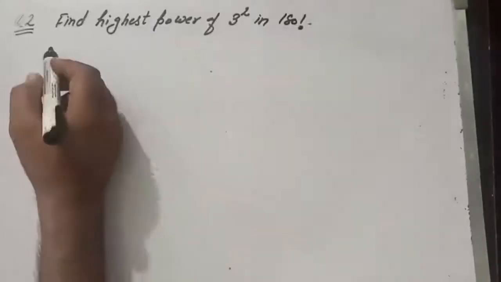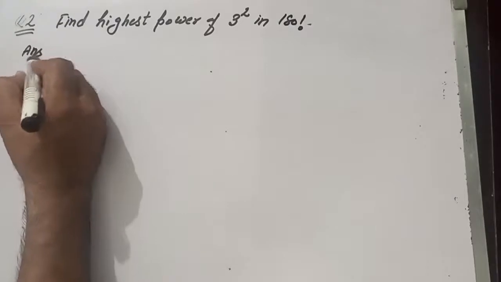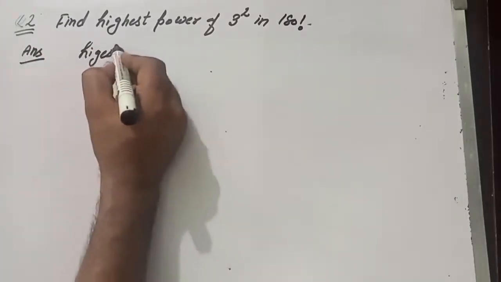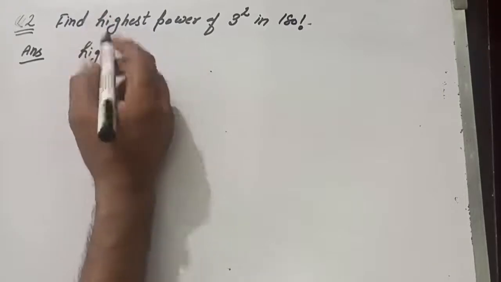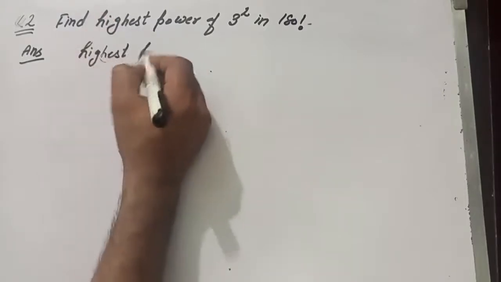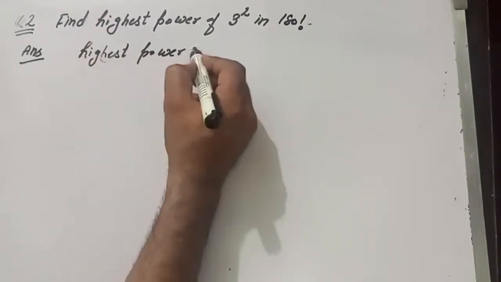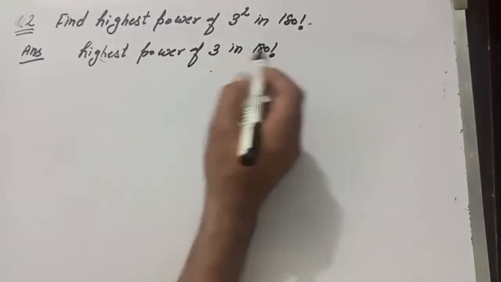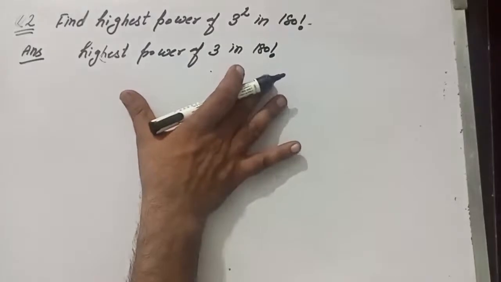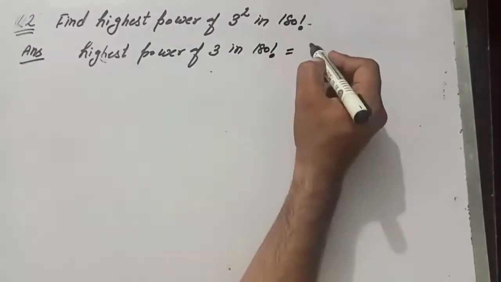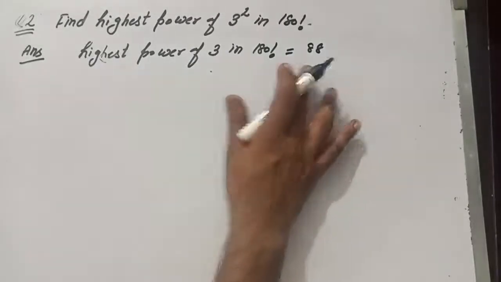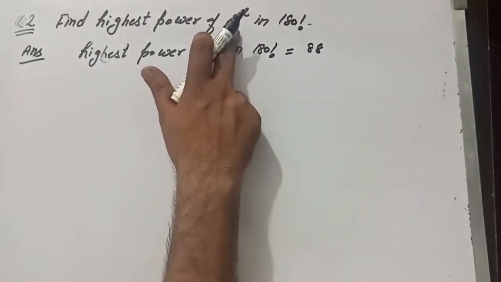Because we have found the highest power of 3 in 180 factorial, in the last example, that is 88. That is the answer, 88. But we have to find 3 square power.